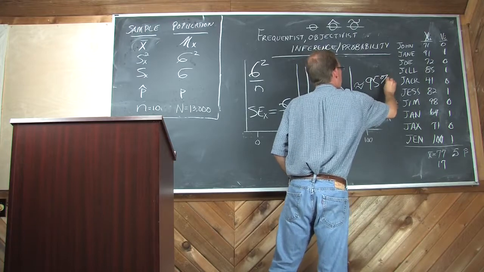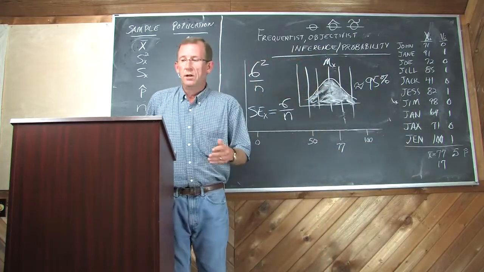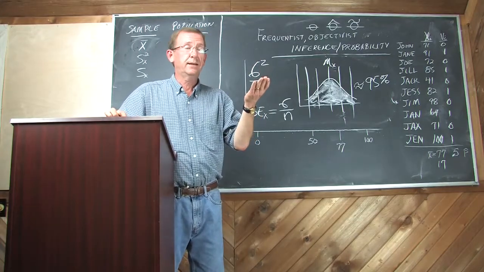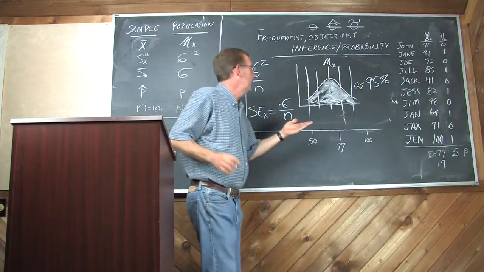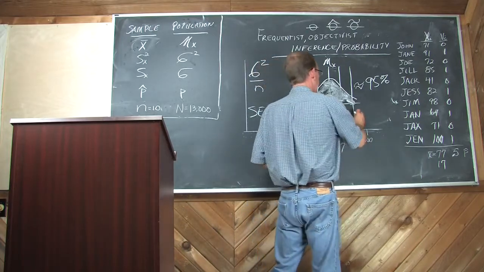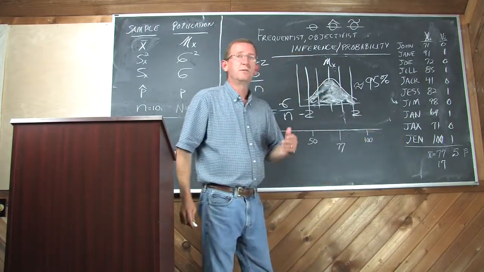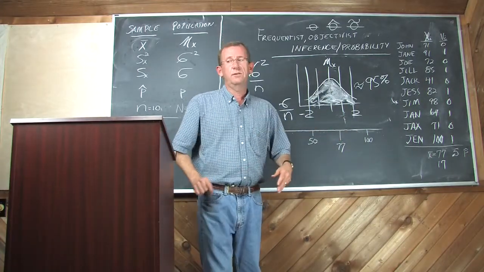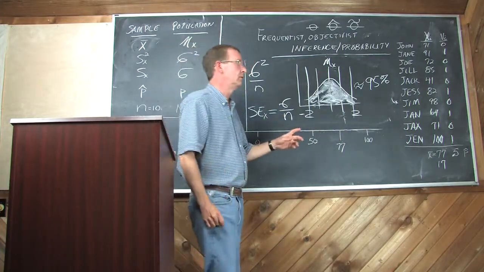about equal to 95%. I say about equal, not because we don't know, because if the numbers are really large, we know exactly. I say about equal because I went 2 standard deviations this way, 2 standard deviations this way, and the official number is 1.96. I don't care that you know the official number, I do care that you know the rule of thumb.